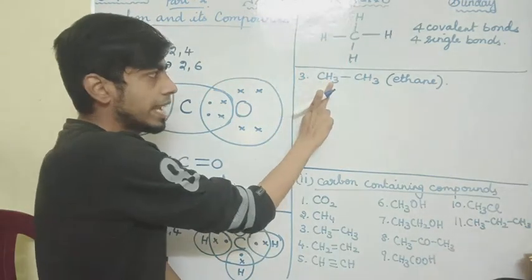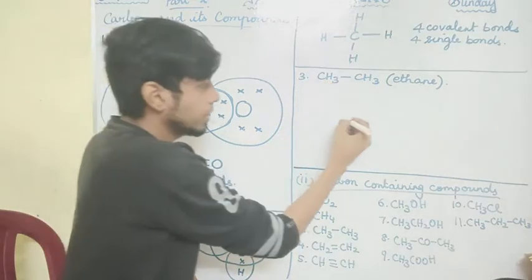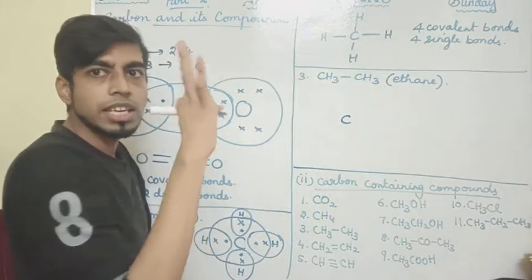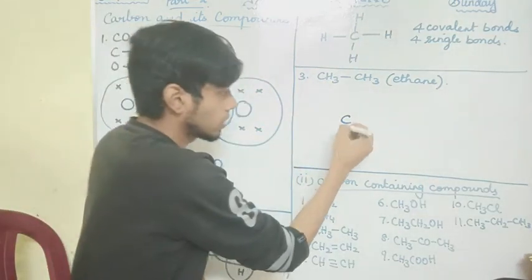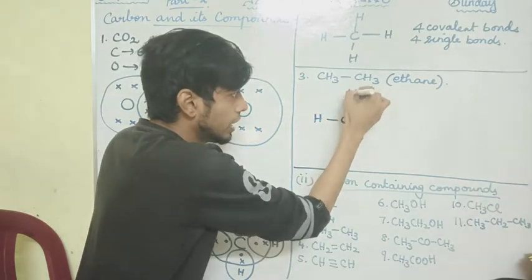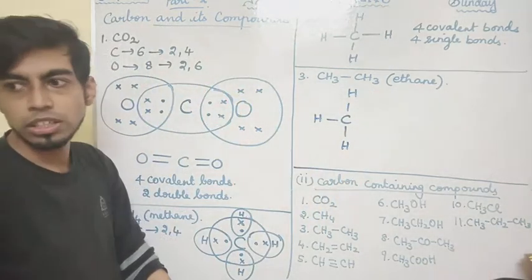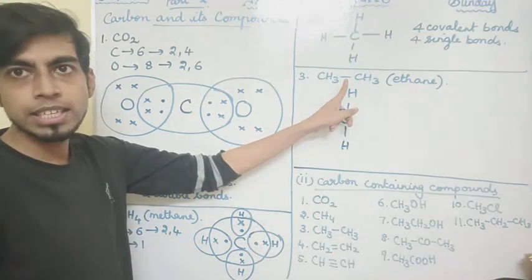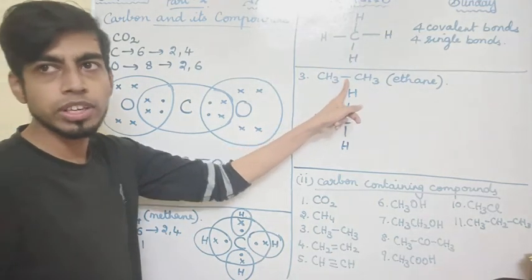CH3 is there. CH3 means what? One C is there. H3 means 3 hydrogens are connected to that. So 1 hydrogen, 2 hydrogen, 3 hydrogen. 3 hydrogens are connected to that. Now in the middle what is present? In the middle a single bond is present.